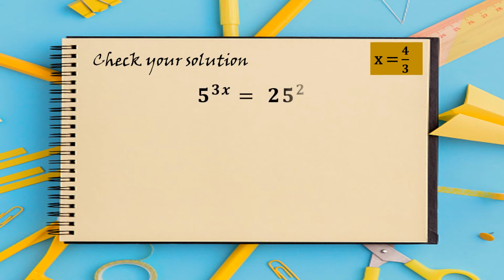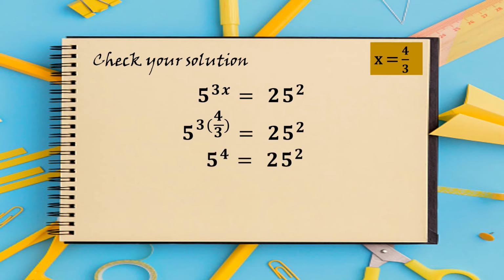To check, use the original exponential equation and replace x by the replacement value 4 over 3. So 5 raised to 3 multiplied by 4 over 3 equals 25 raised to 2. 3 multiplied by 4 over 3 is 4, because 3 divided by 3 is 1 and 1 multiplied by 4 is 4.